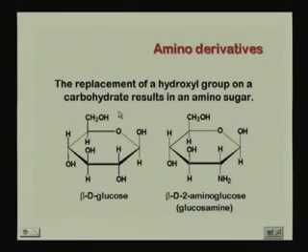What are these amino derivatives? Where this is a beta glucose, you now recognize, because the OH and the CH2OH are on the same side. We have beta D glucose, and this is beta D 2-amino glucose, which is a glucosamine. It is the OH of carbon number 2 that has been replaced.